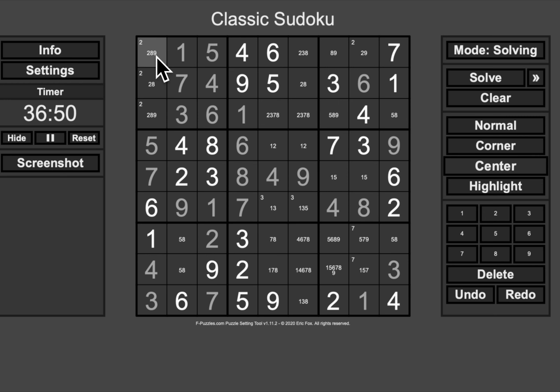Okay, these are 2, 3, 8, and 9 in some fashion here. Along row 1, this can be 2, 3, or 8. This can't be 2 or 3. Can't be 3 or 8.